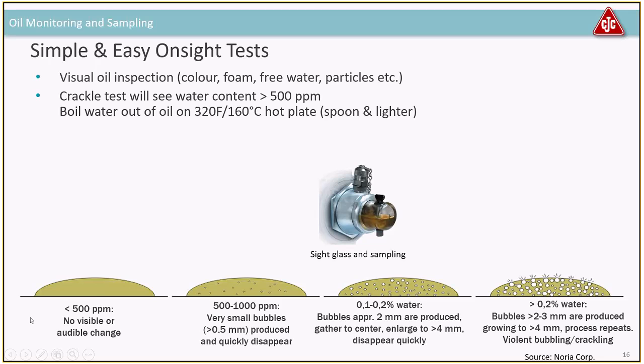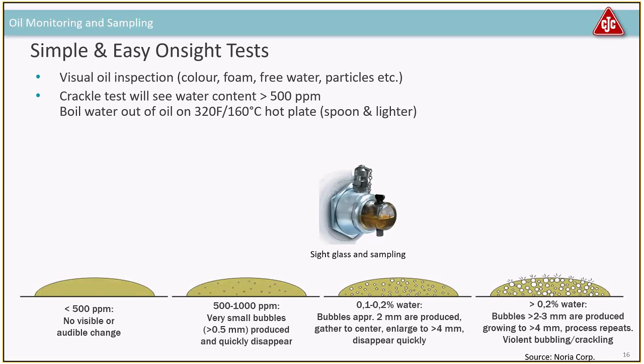Well, it says here below 500 ppm you don't have any audible or visual bubbles. I would say you have to be very skilled to do that. Most people are saying around 1000 ppm, so 0.1%, when it's in that region, that's when you start to see some crackling and bubbles and so on. That's what they're using in most labs.